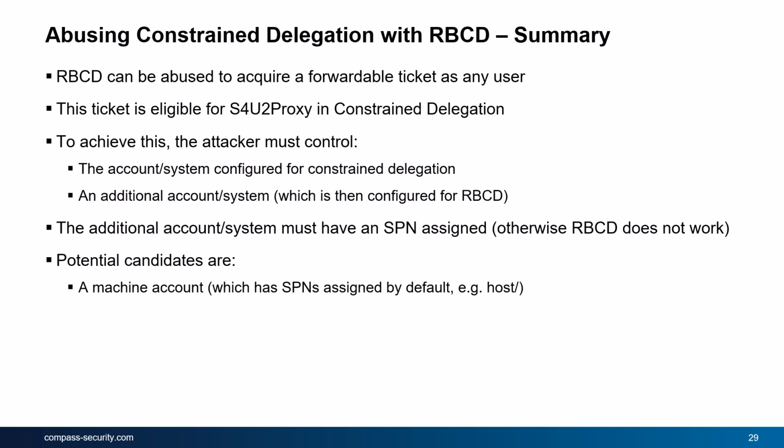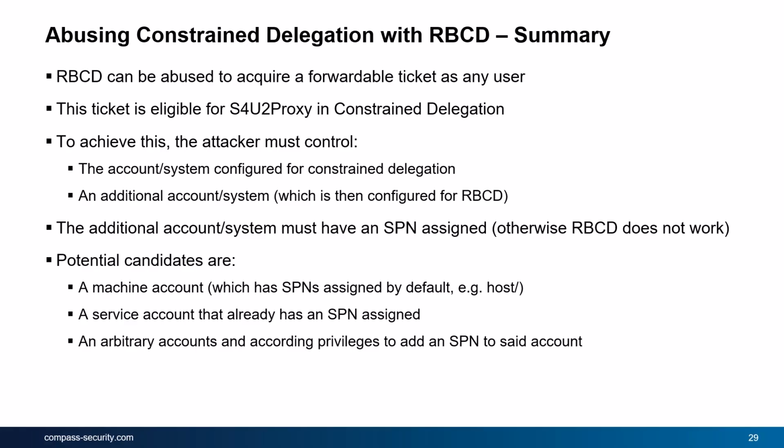So there's no need to add an additional one. Another option would be that the attacker controls a service account, so a user account that is used as a service, which already has an SPN assigned. This would work as well. And lastly, it could also be that we have any arbitrary account and the according privileges to add an SPN to this account.